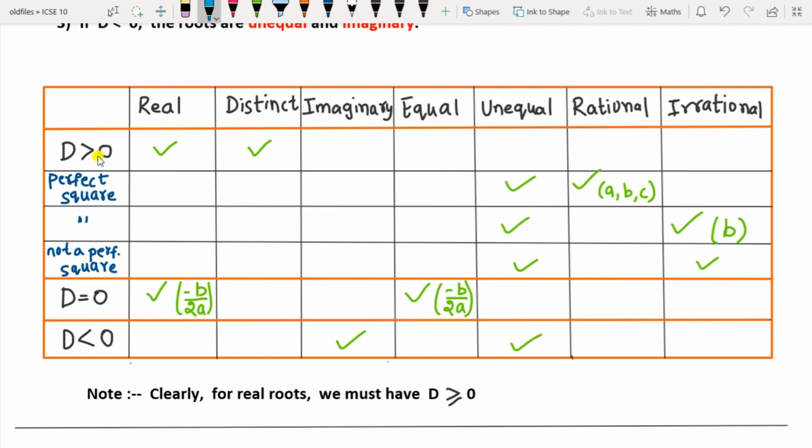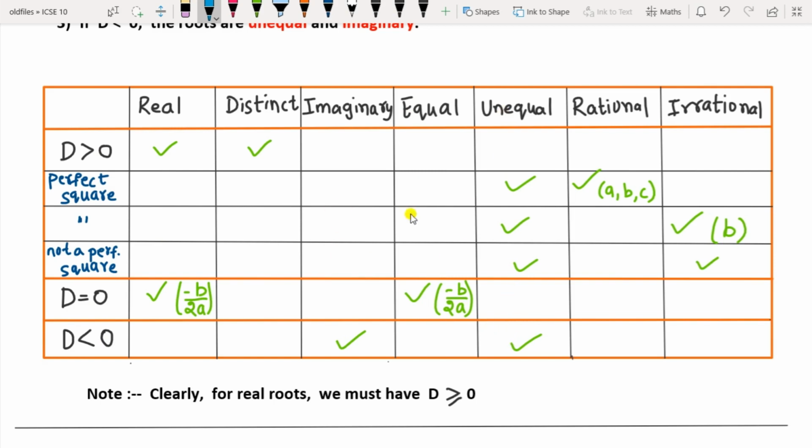And if D is greater than 0 but not a perfect square, then the roots are unequal and irrational. If D is equal to 0, then the roots are real and equal, and both are equal to minus b upon 2a. If D is less than 0, the roots are imaginary and unequal.